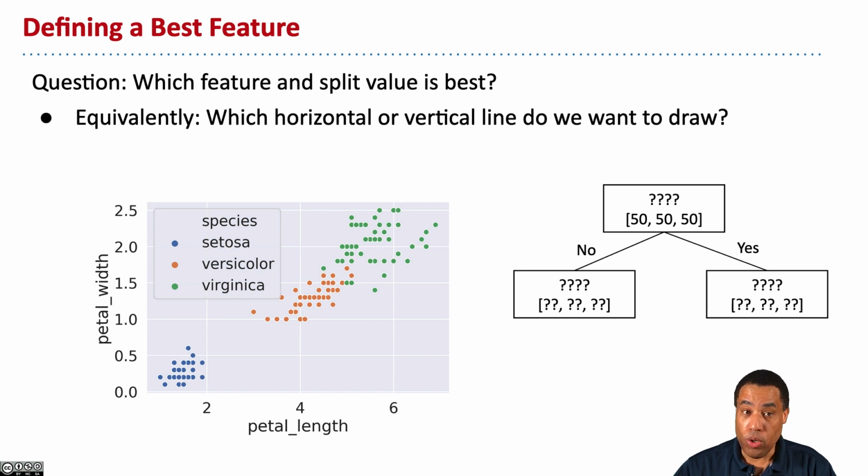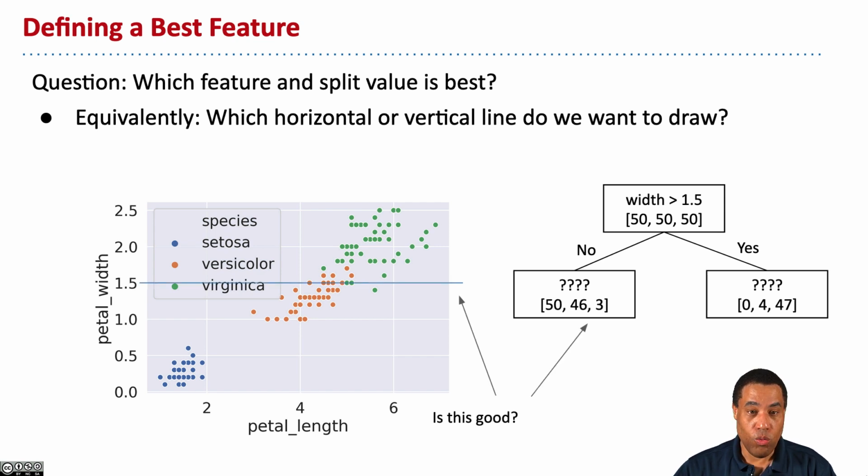That'll define which feature we're going to use and which split value we're going to use for that. So for example, we could say we're going to split on width greater than 1.5. That would yield in the left node 50 setosa, 46 versicolor, and 3 virginica. And on the right, it would yield 0 setosa and 4 versicolor and 47 virginica.